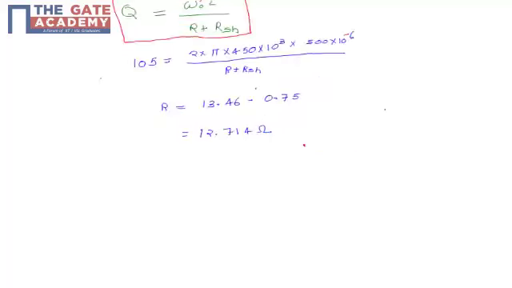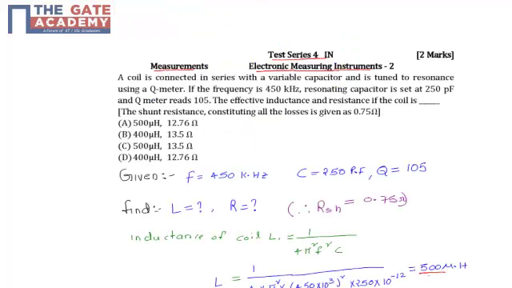After solving this, we get R plus RSH as 13.46, so R is 13.46 minus 0.75, where RSH is 0.75, which gives 12.714. So the inductance is 500 microhenry and the resistance is about 12.7 ohm, which is option A.